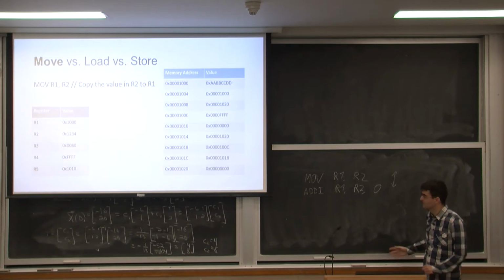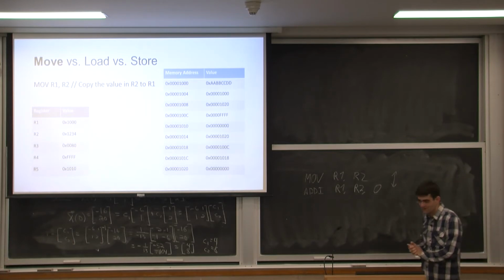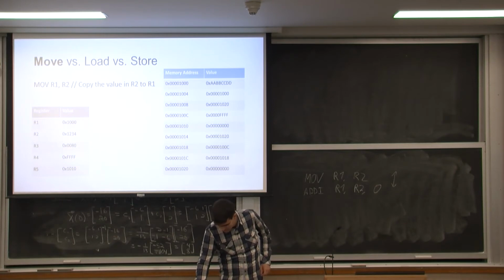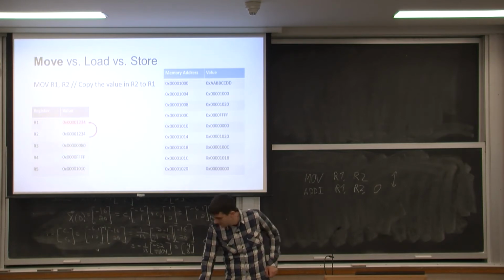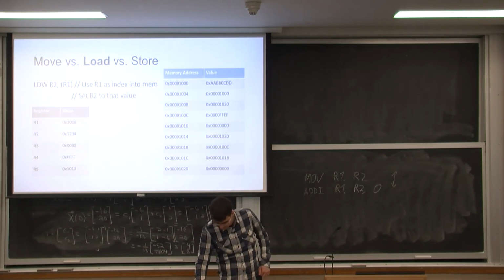You don't need a redundant instruction to do moves. The addition is free, or for our practical purposes free. So this instruction will copy R2 into R1. The registers are always 32 bits.